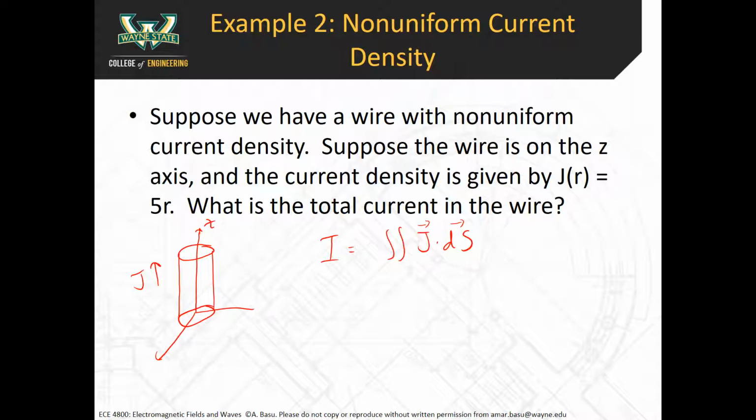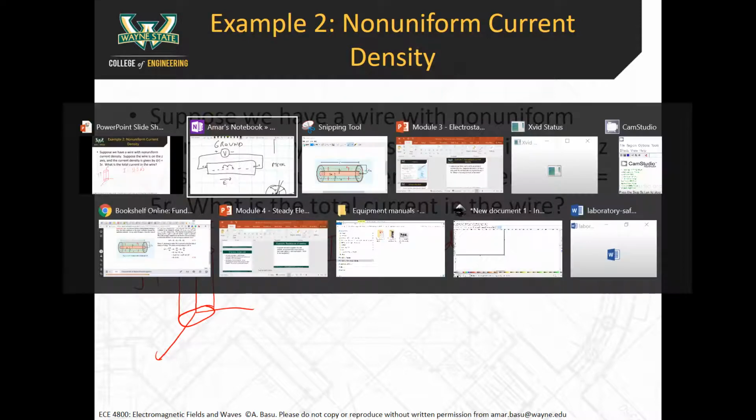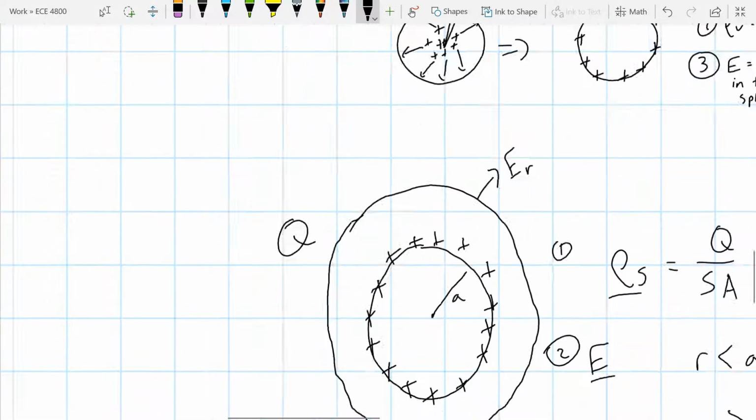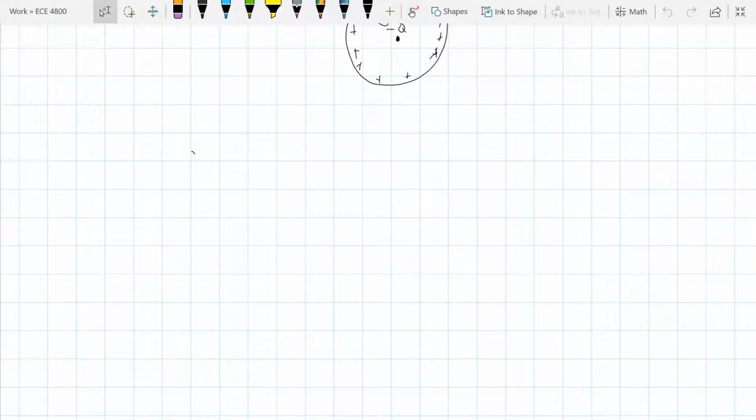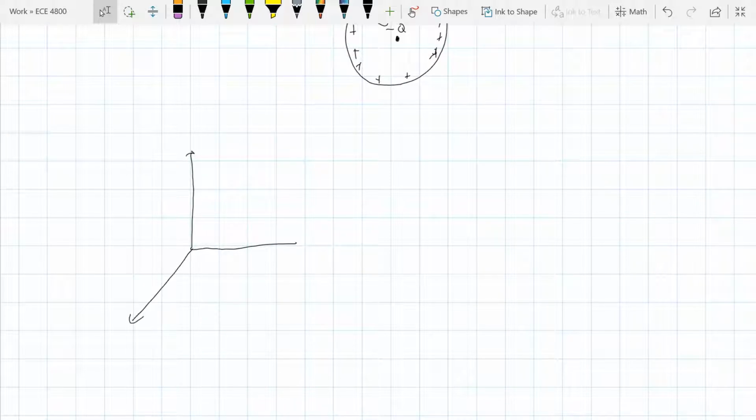So, okay. How are we going to go about solving this problem then? Let me just redraw it here. Like I said, PowerPoint drawing is not great on there. So here's our wire with radius A. All right. Total current I, let's say I is going in this direction.